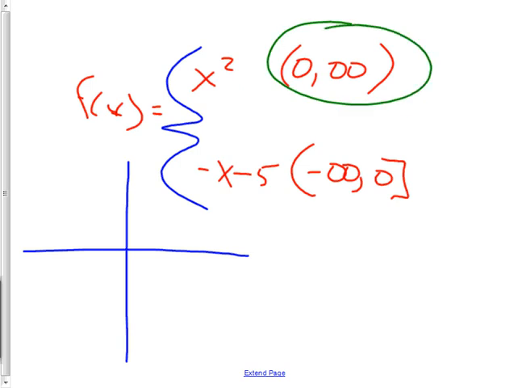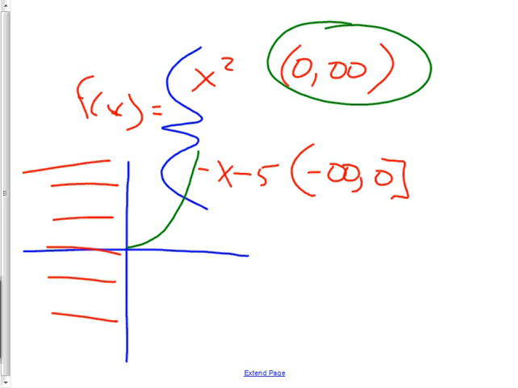Do you get how that's here? Between 0 to infinity, that starts at 0 and goes to infinity, it's the x squared thing. This other part is negative x minus 5. Well, basically, in this zone right here, that function is negative x minus 5.